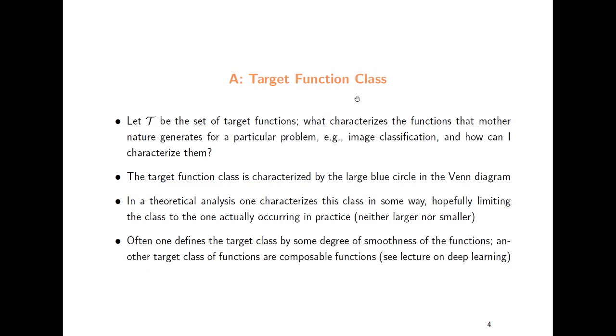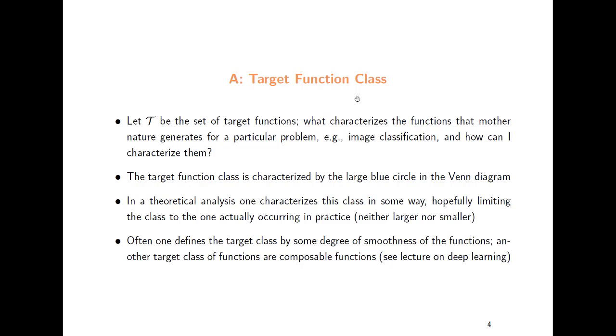First of all, Mother Nature is kind to us and typically does not realize all possible functions. So, for example, if you think of image classification as a map from images to maybe a class label, a cat or dog or whatever, a person on the image, then this dependency from input to class label is not arbitrarily complex.